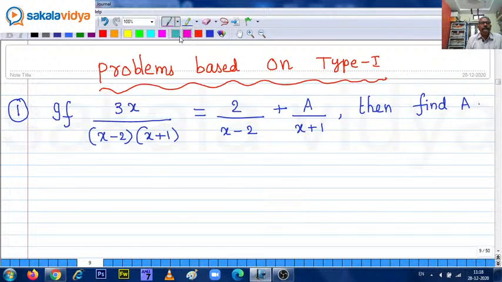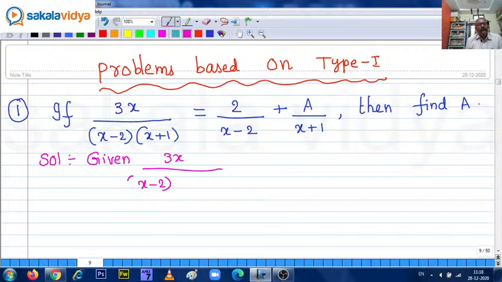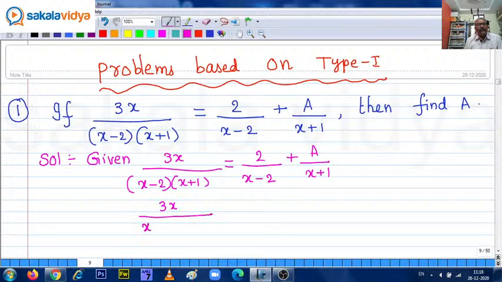Okay, let us solve it now. Solution. First, given, write down 3x upon x minus 2 into x plus 1. This is the proper fraction, equal to the given partial fractions 2 upon x minus 2 plus a upon x plus 1.